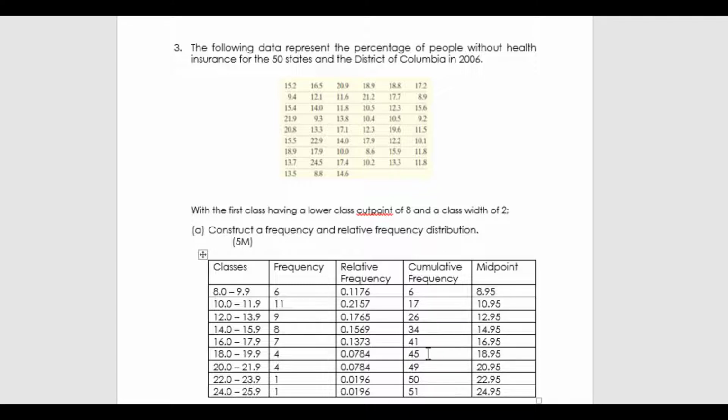So as we move down the row, we consecutively add up the numbers from the previous frequencies until we get the total sample size. And for midpoint, midpoint is the middle point of the classes. In order to get the midpoint, we have to add the lower boundary of the class plus the upper boundary of the class divided by 2. And we are able to get the following midpoints.